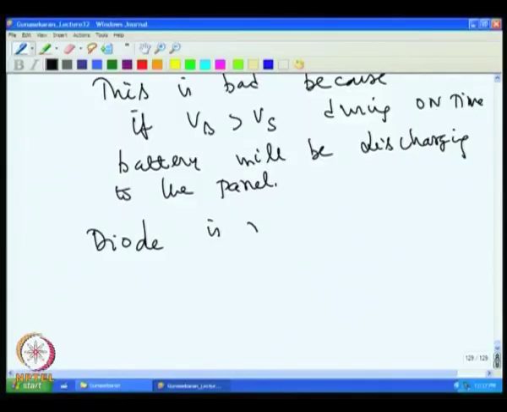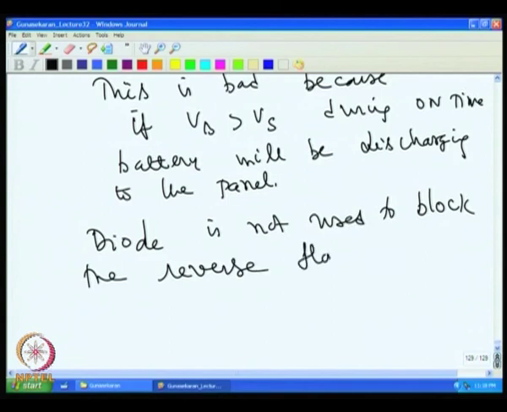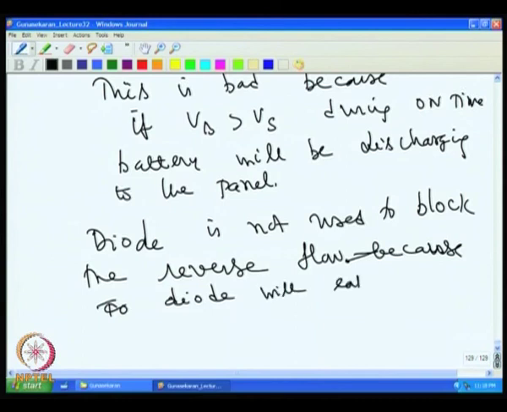Diode is not used to block the reverse flow, because the diode will eat away 0.6 volt, about 0.4 volt even if we use a Schottky diode.